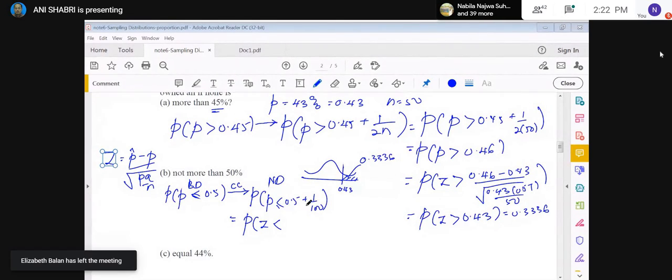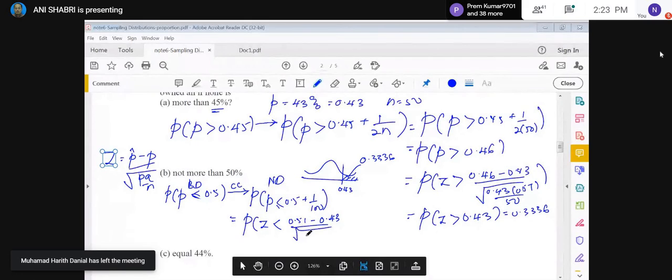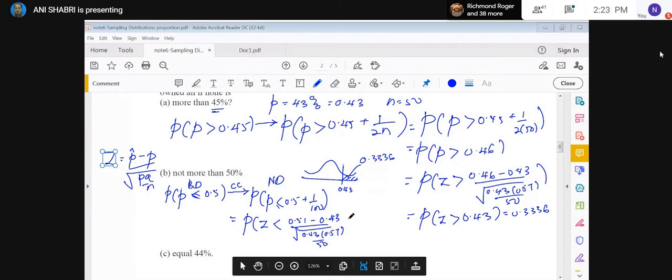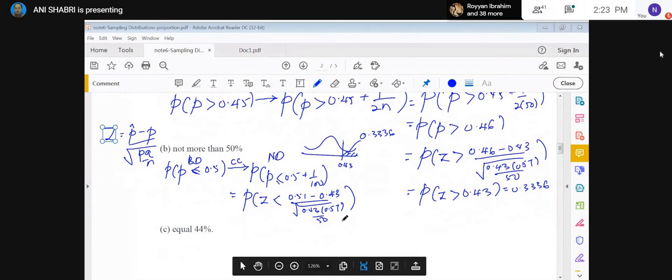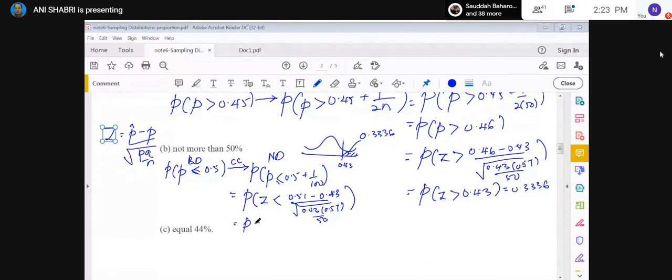Okay, 0.51 minus 0.43, divided by the square root of 0.43 times 0.57 divided by 50. Okay, try to calculate what is the value here. It is equal to P, Z less than Z.